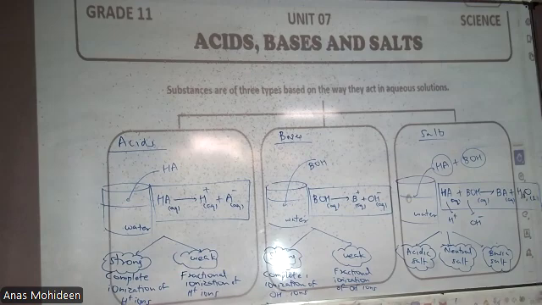Take a look at acids, bases, salts, and right below acids. Take the spelling from the part after that. Below the acids, the spellings are there.